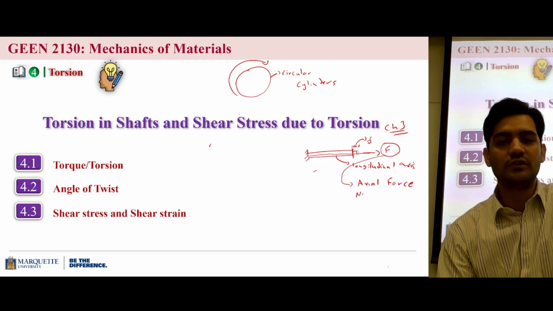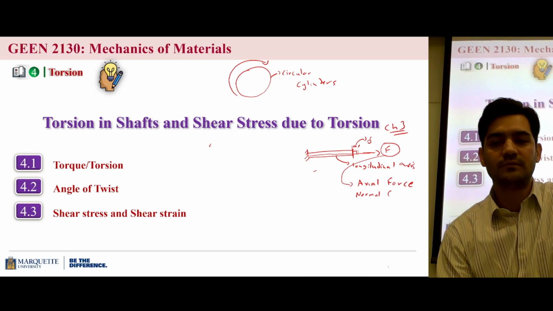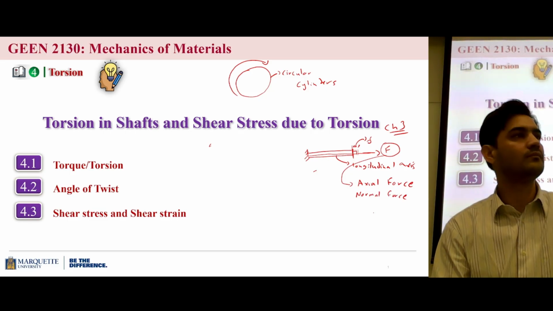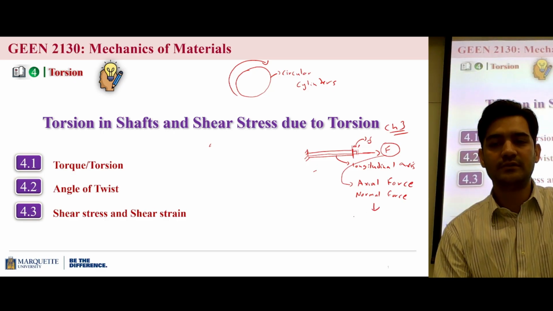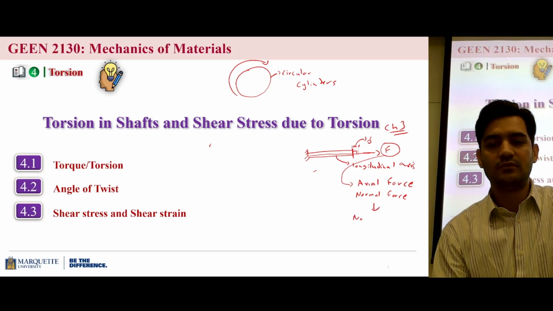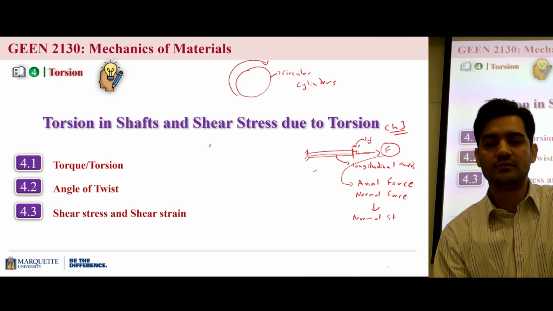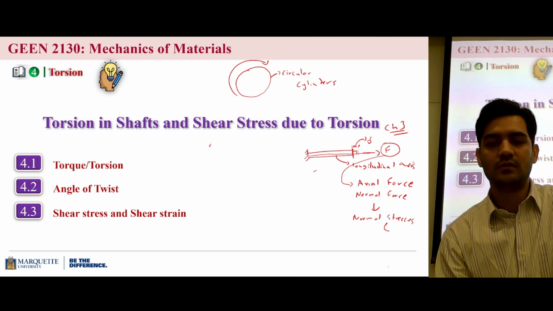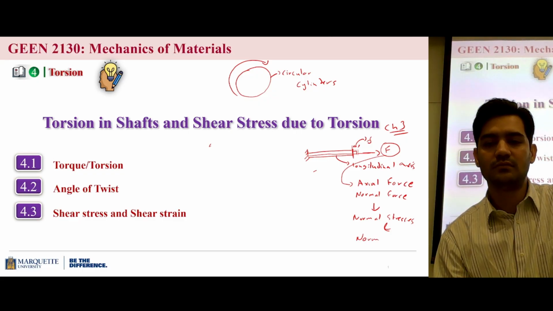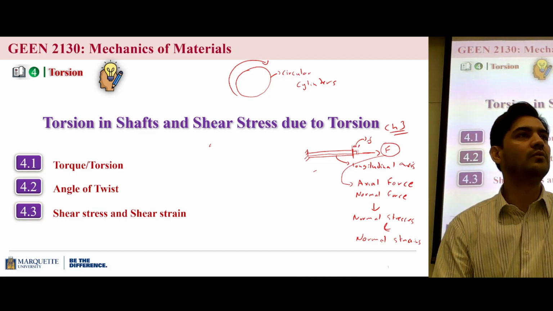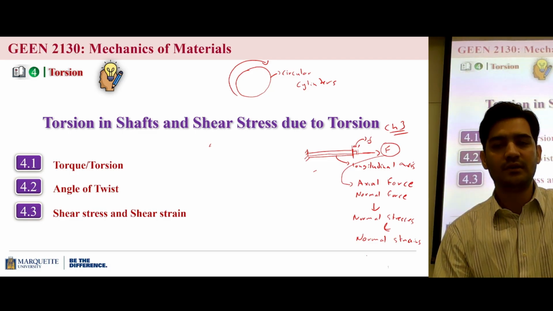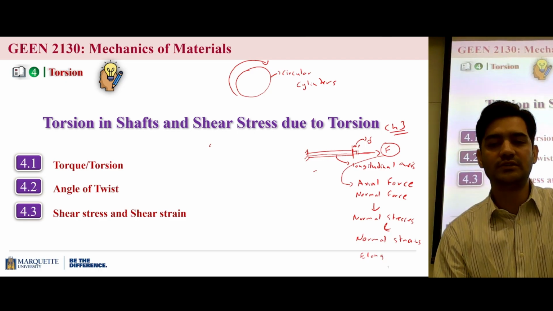So this force is also a normal force. And normal forces produce normal stresses and normal strains. And if you want to imagine how it would change the shape, it will cause elongations mostly.